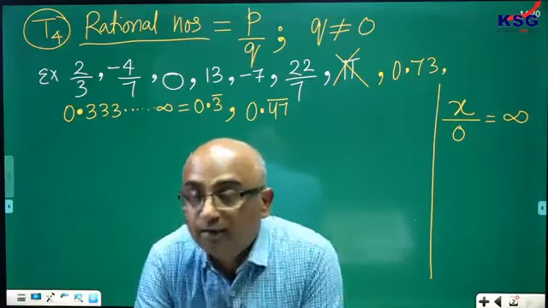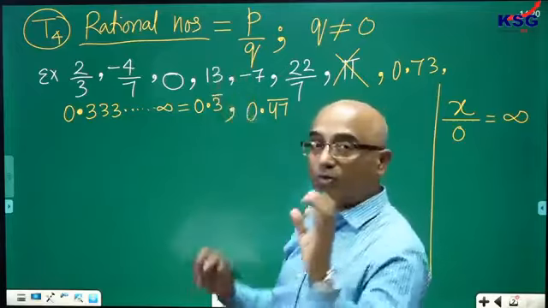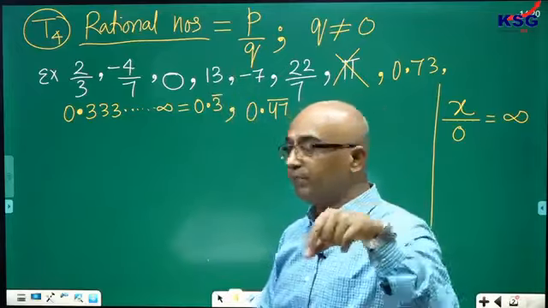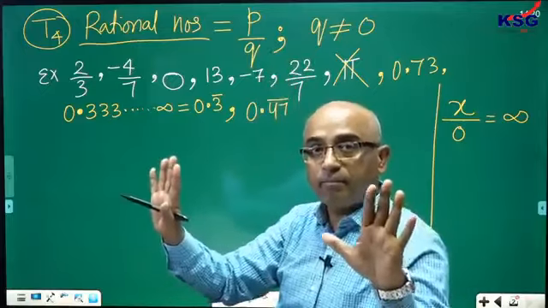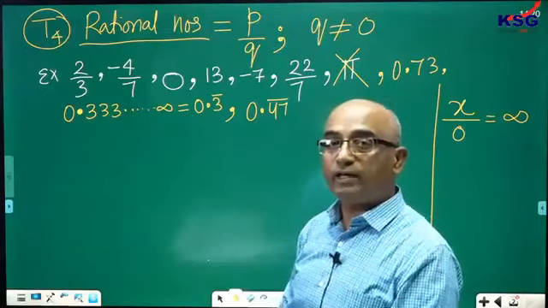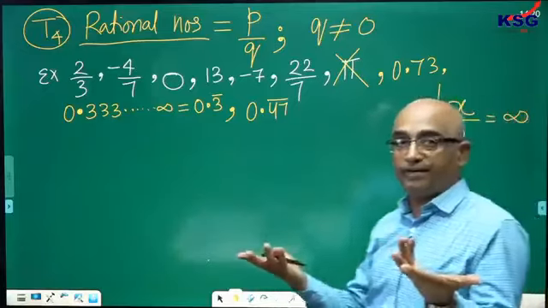Okay, students, see once again: a rational number is always in the form of a fraction p by q, where p and q are integers, but q cannot be 0. Why can q not be 0? Because any number divided by 0 is not defined.